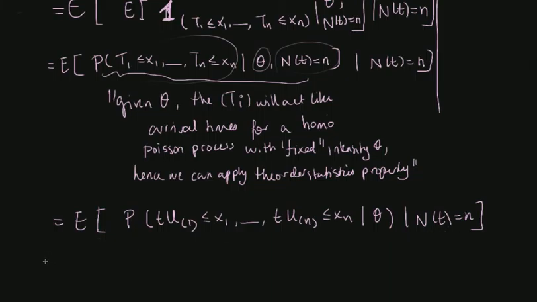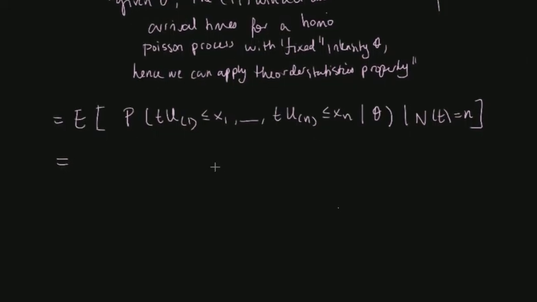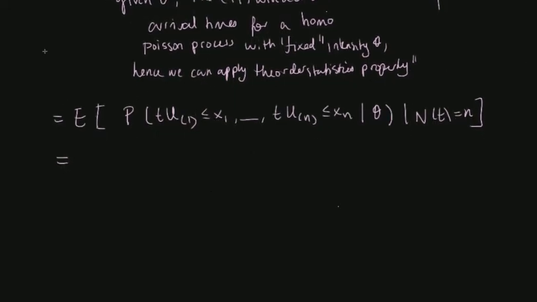Okay, so what do I have now? Well, note that the Ui, they are all standard uniformly distributed. They are IID, and also in particular, Ui is independent from N. And also Ui is independent from theta.